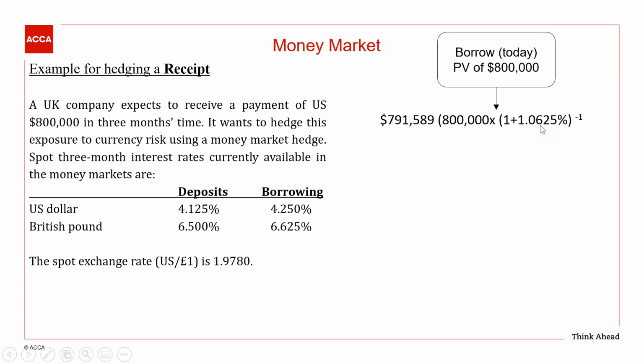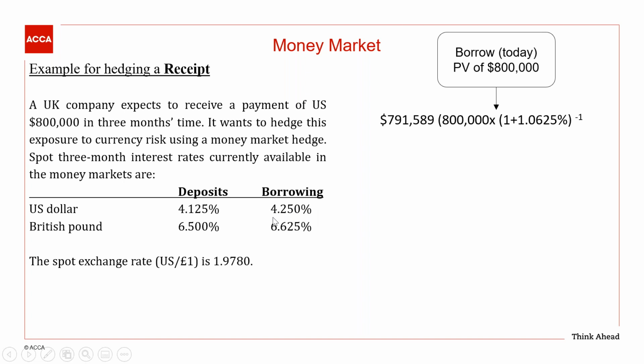I just want you people to pick up your calculators. Just do a calculation for me. First, tell me, what are we borrowing? Dollars or pounds? Dollars. So we should pick up the dollars borrowing rate. We are borrowing dollars, the borrowing rate is 4.250, and it is quoted in annual terms.